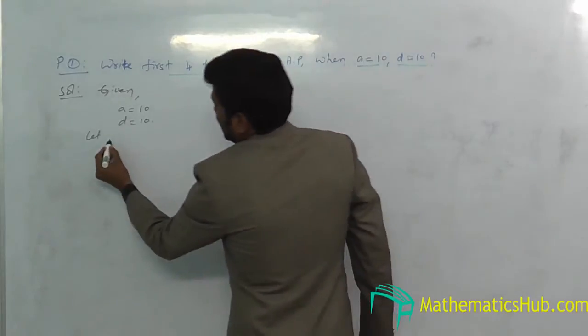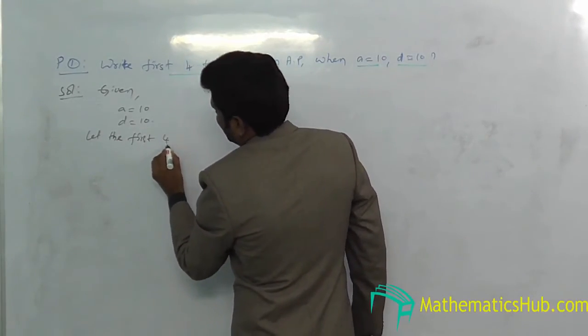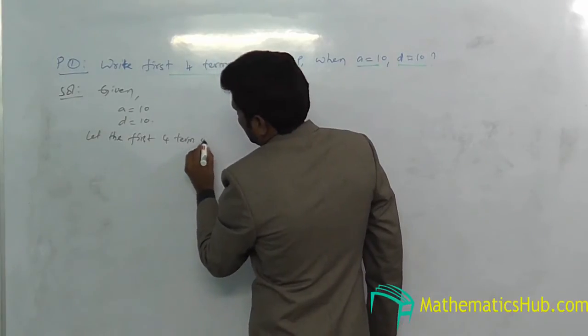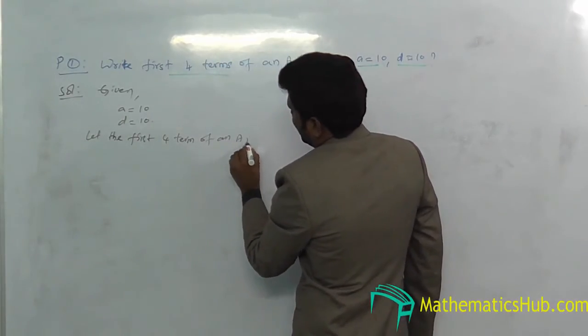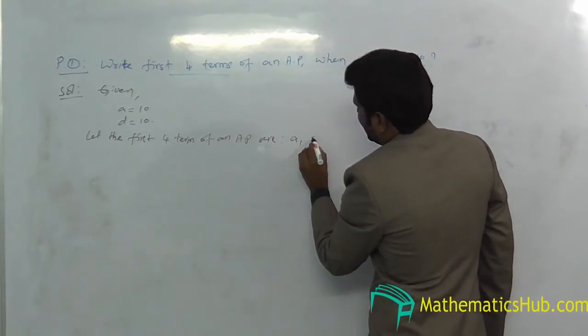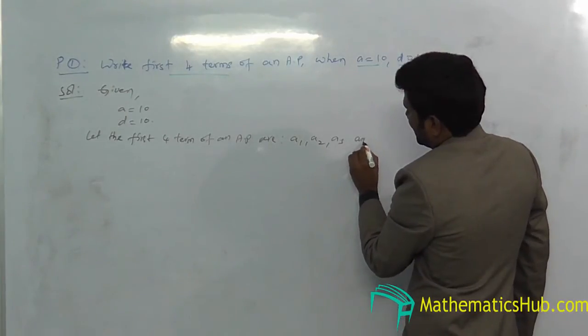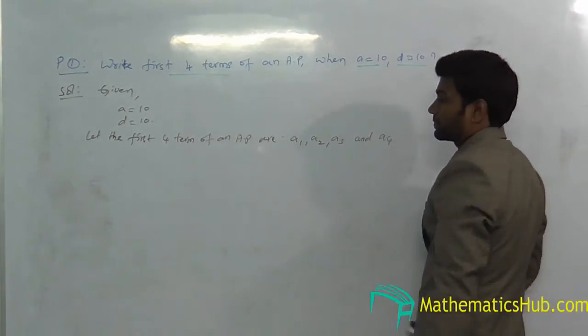So let the first four terms of an AP be A1, A2, A3 and A4.